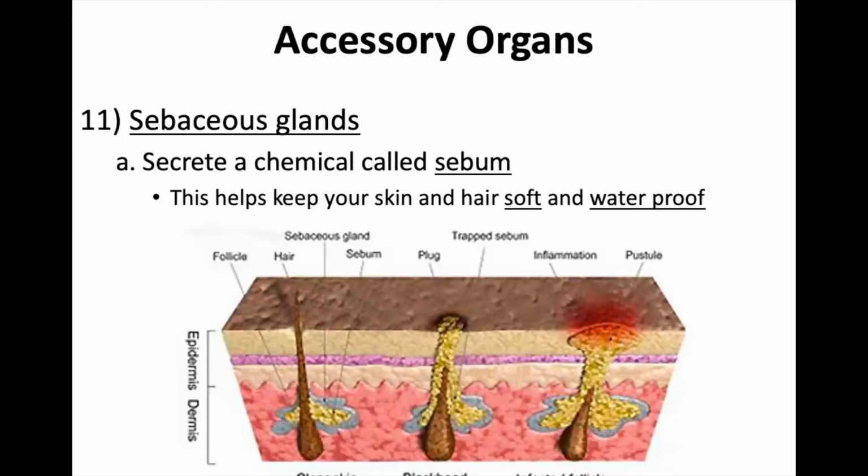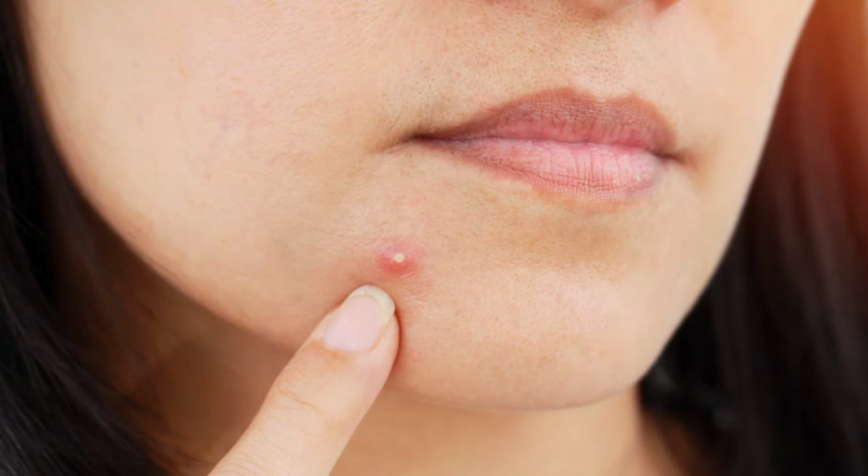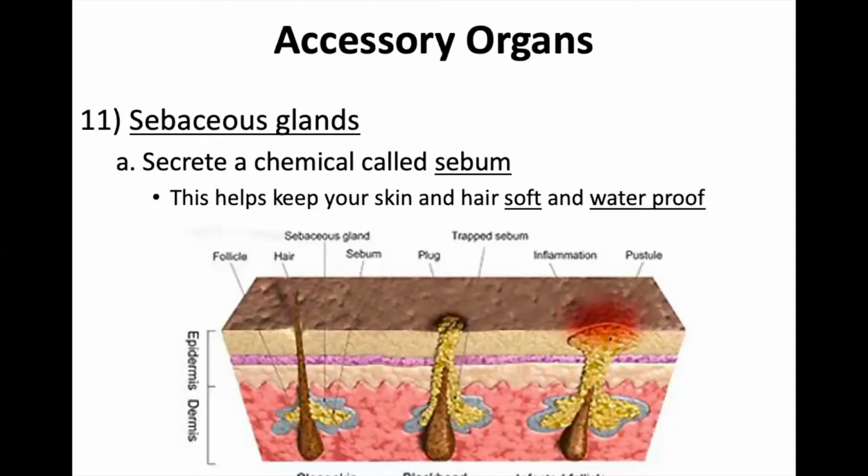If you don't wash it away, those collected bacteria start building up under your skin. If you look at this picture here, they start working their way down and reproducing, and you have a pile of bacteria under the surface of your skin. And that's what a pimple is. It is bacteria that got caught in your sebum. So you do want to wash the old stuff away to make room for new.